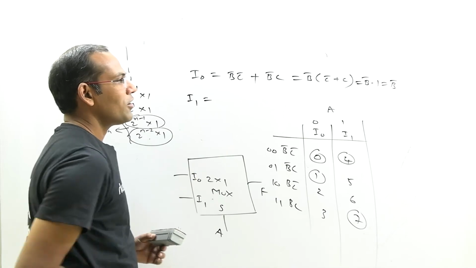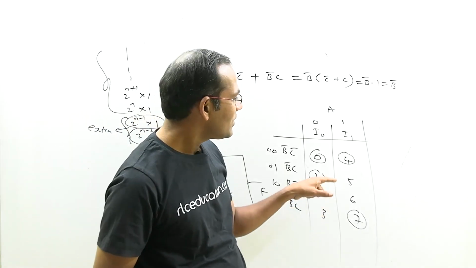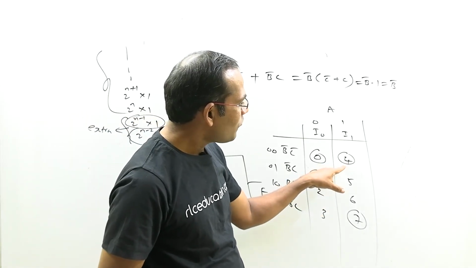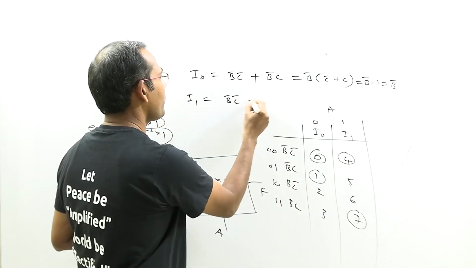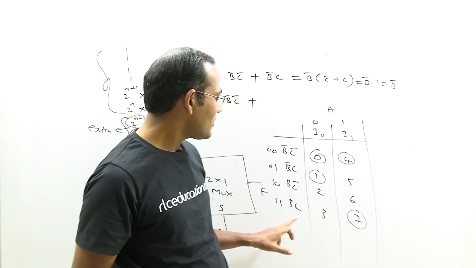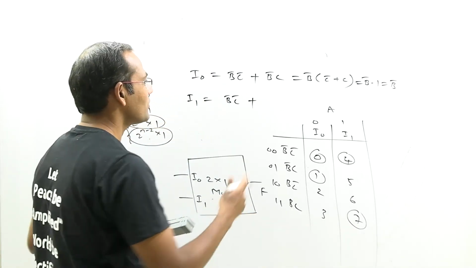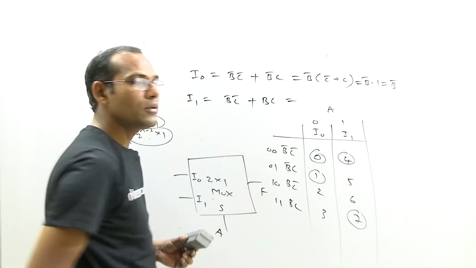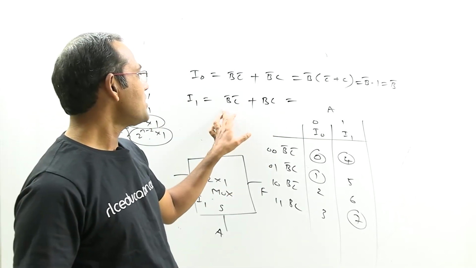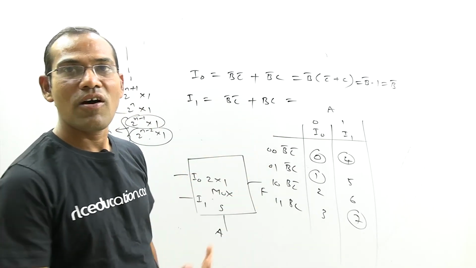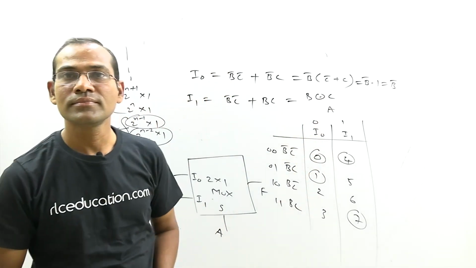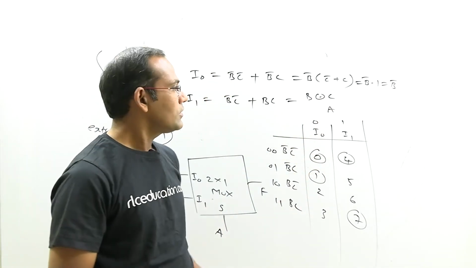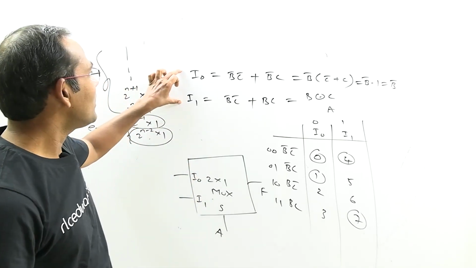That's about I0. I1 is, here 4 is circled. That's why you have to write this term. And 7 is also circled. So you have to write this term. BC plus B bar C bar means it's XNOR. So B XNOR C. So that's about I0 and I1.